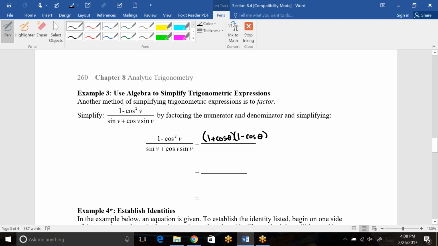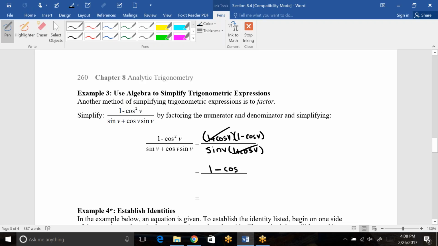That's what that would FOIL back out to. On this one, I could pull a sine, or these are V's. Let me fix that. You do want to stay consistent with the variable, or my math lab won't like you. So this would be sine V, and then we'd have a 1 plus cosine V because we pulled that out as a GCF.